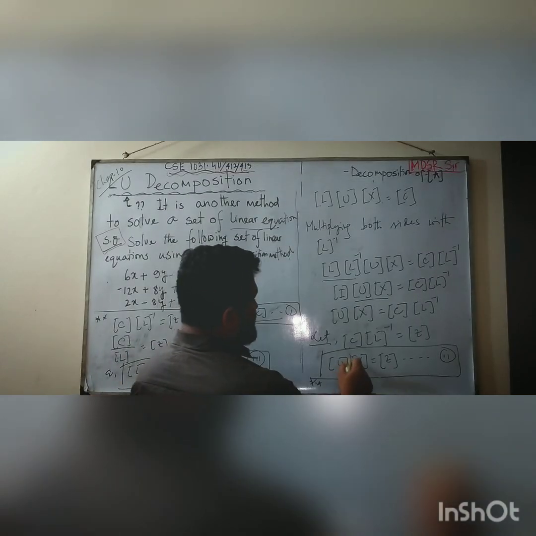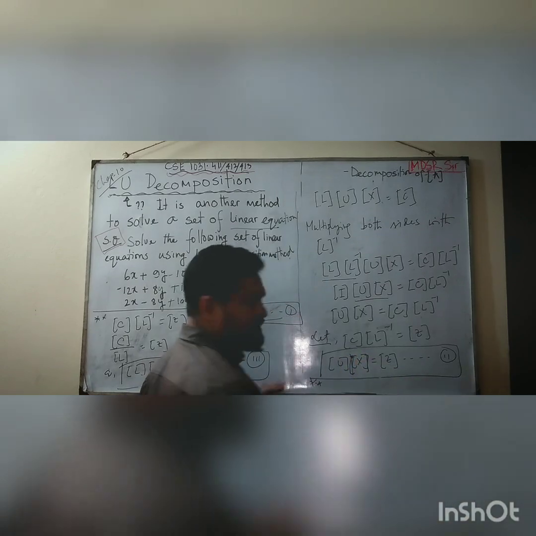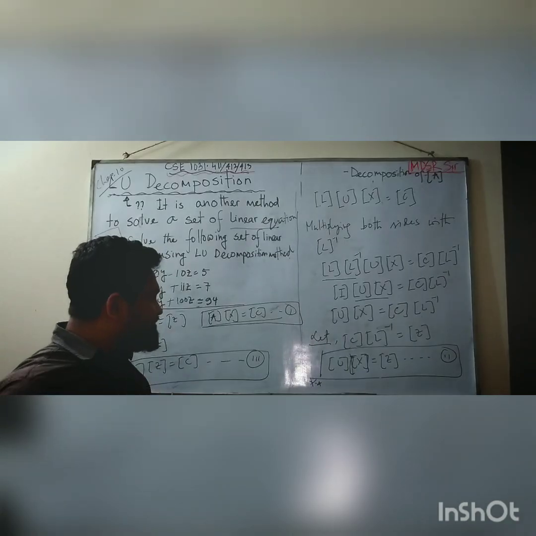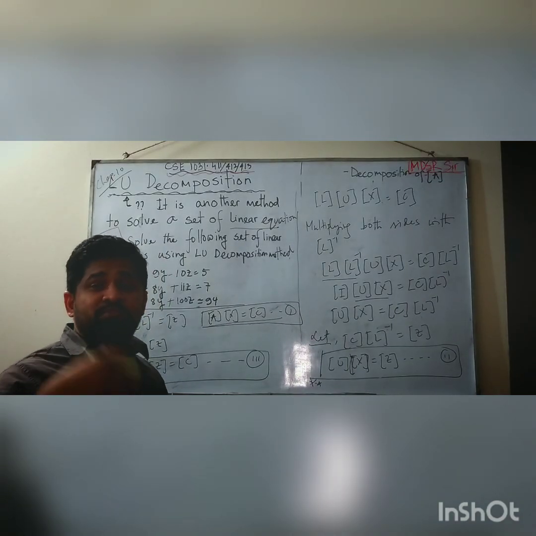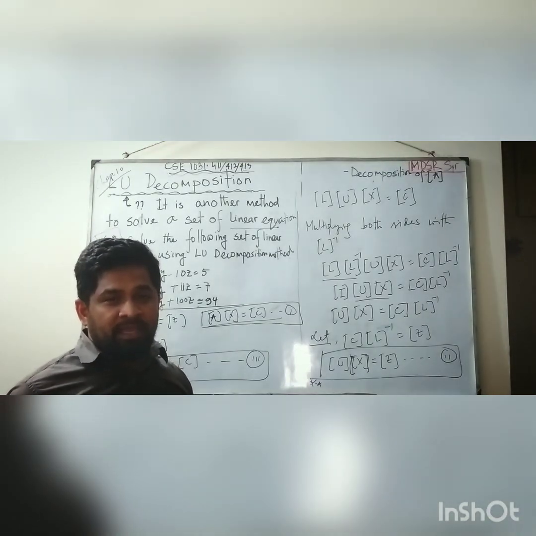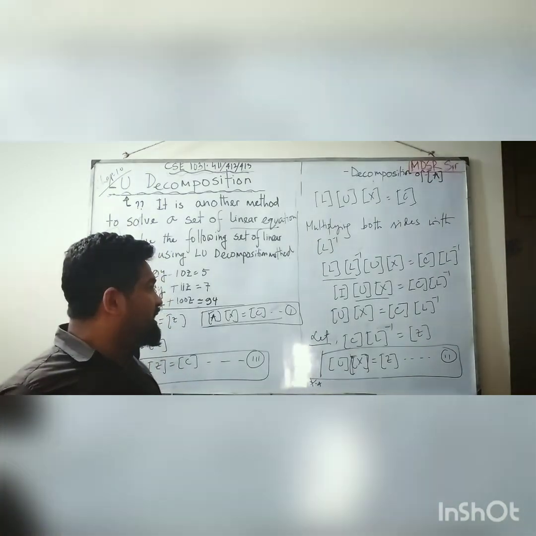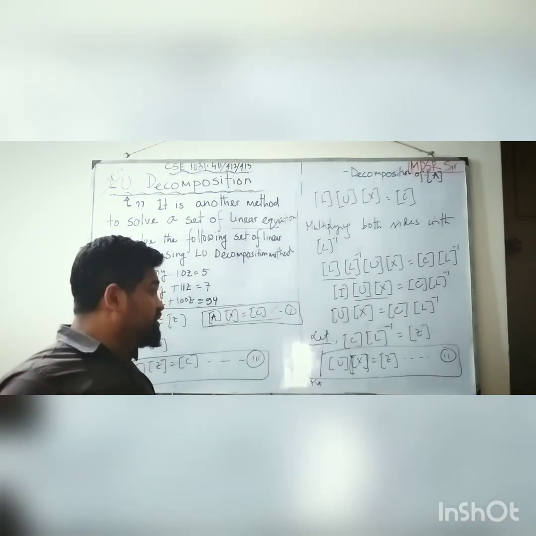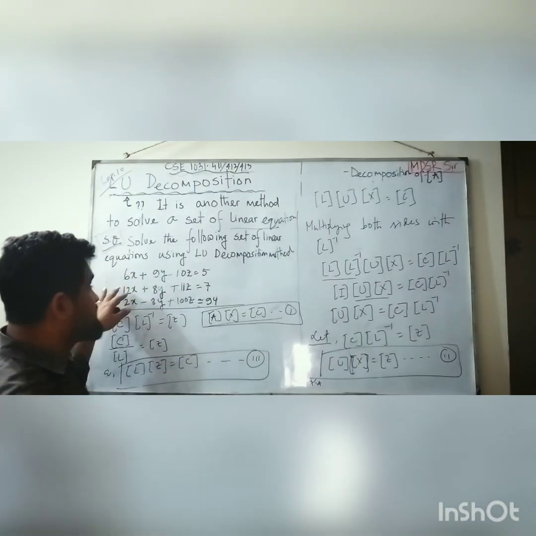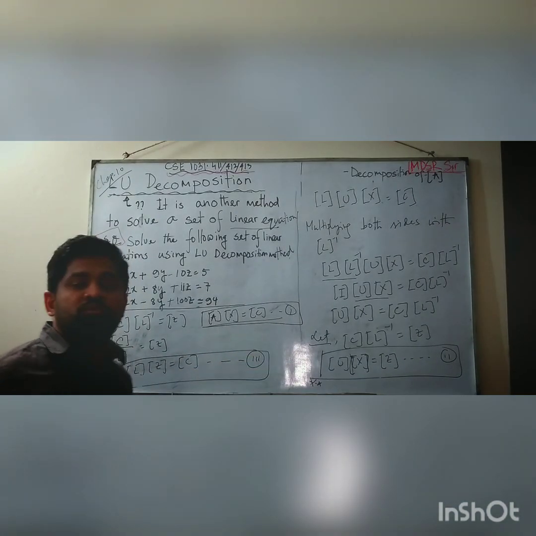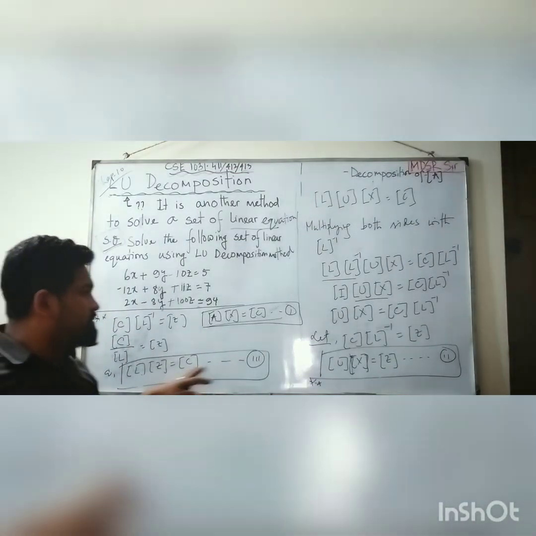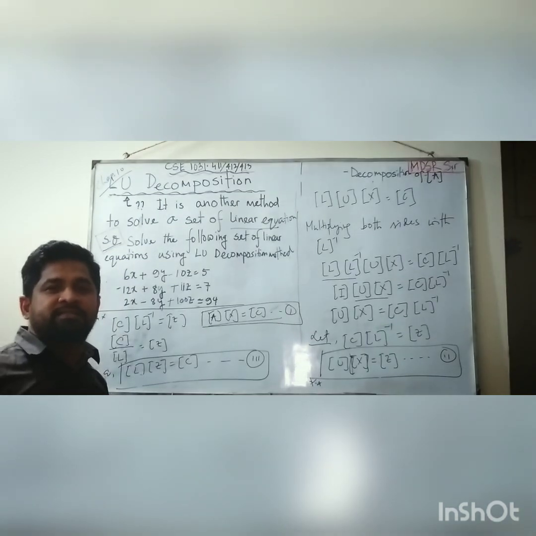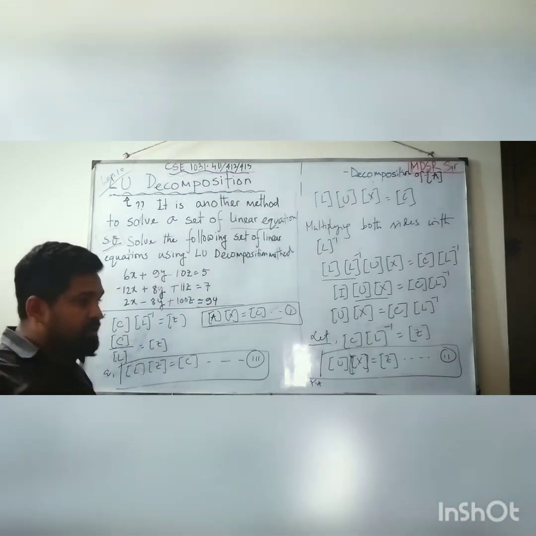We can find the unknowns. Thanks. Alright. So this is the very first part of explaining how decomposition works. And in my next lecture, today we'll solve a set of linear equations using these two different steps.